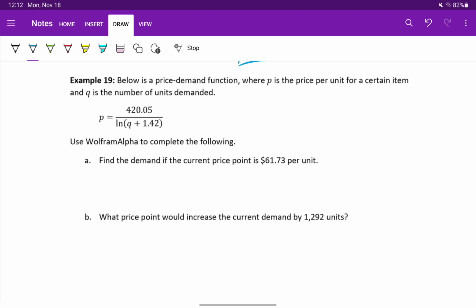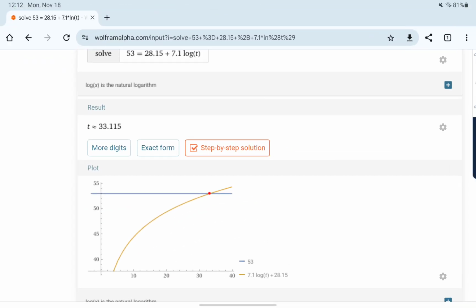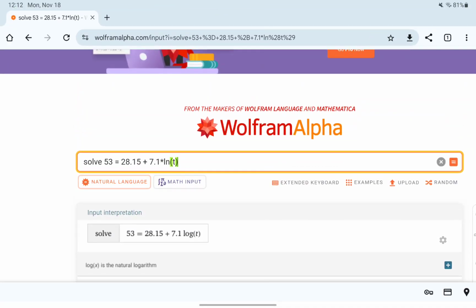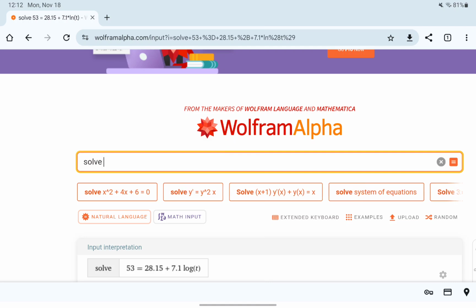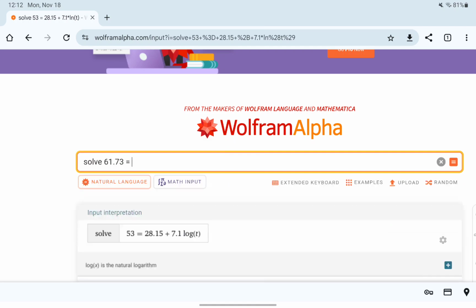So what we're going to do is take that value of $61.73 and plug that in for P in order to solve for Q, because Q represents the demand. So we'll solve 61.73 is equal to 420.05 divided by the natural log of Q plus 1.42.